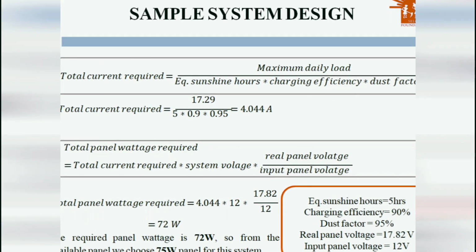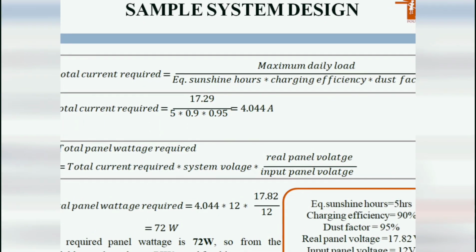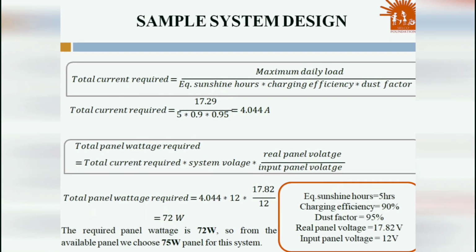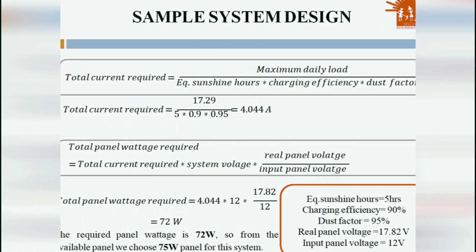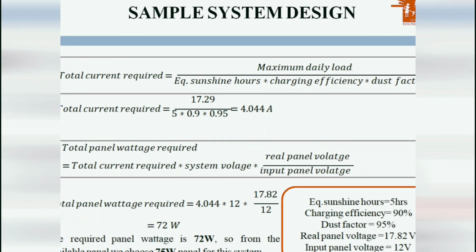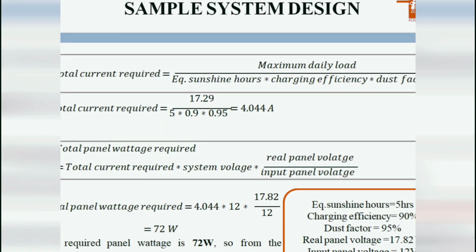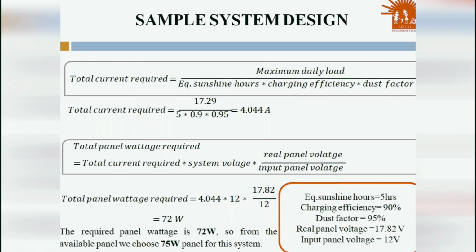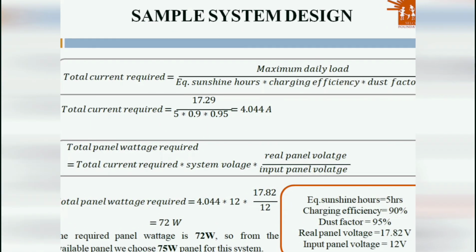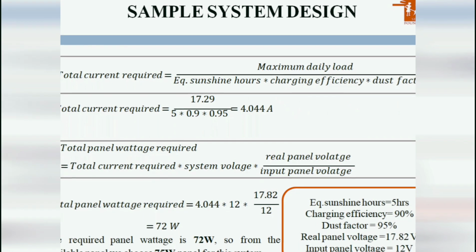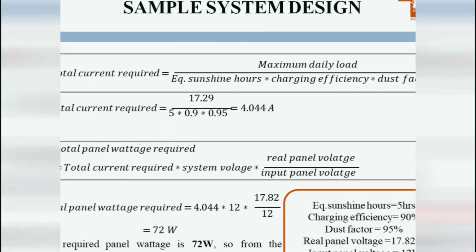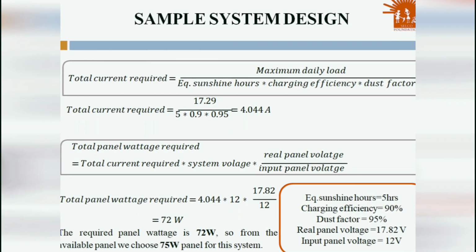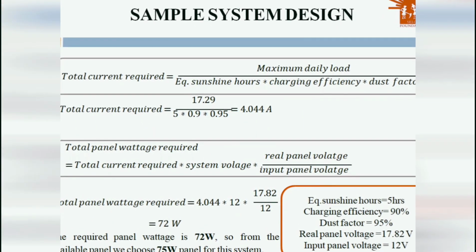So the total panel wattage required is equal to total current required into system voltage into real panel voltage divided by the input panel voltage, which is 4.044 into 12 into 17.82 divided by 12, and is equal to 72 watts. So the required rating of our solar panel is 72 watts, but the available rating of solar panel in the market is 75 watts, so we choose a 75 watt solar panel for this system.